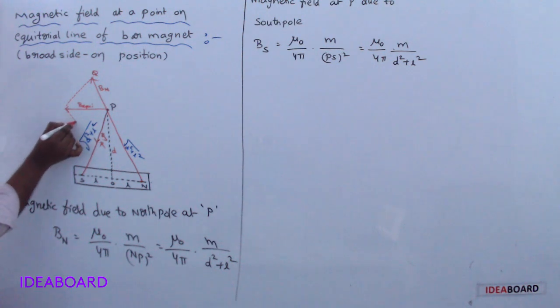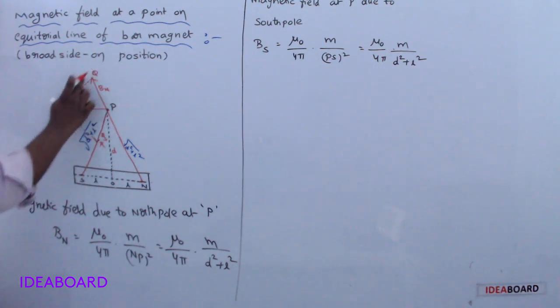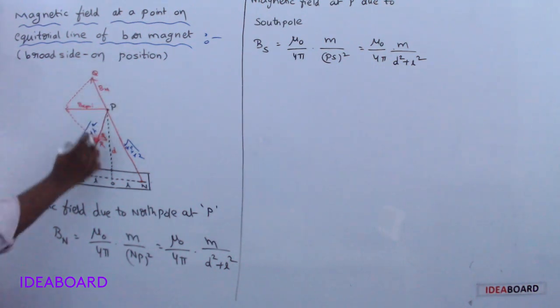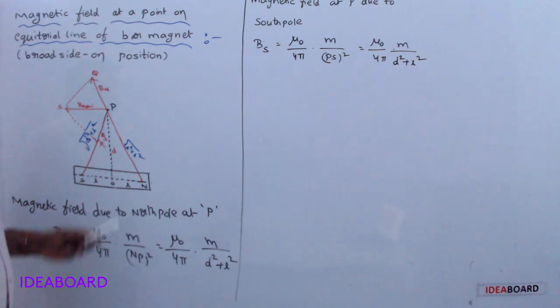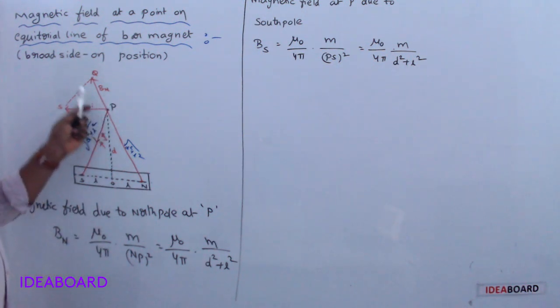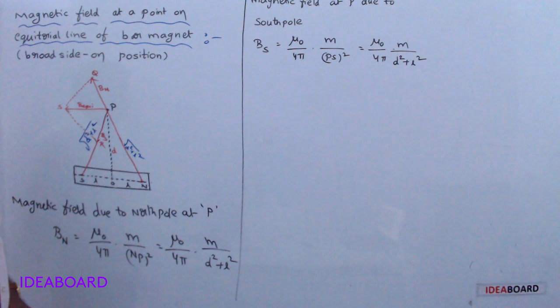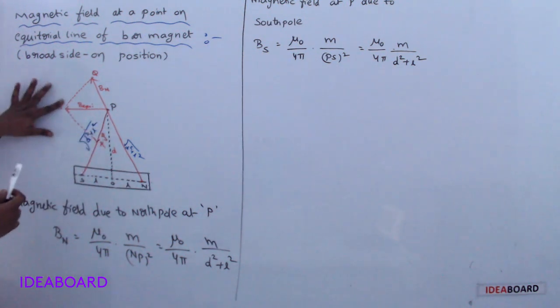Now you can make one parallelogram. This is P, Q, R, let the fourth point be S. So PS indicates the net magnetic field due to these two poles. Understand? This is PS.